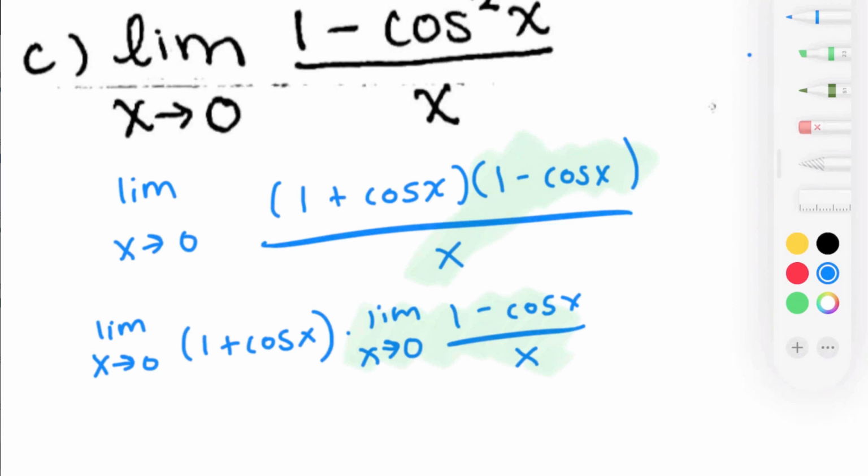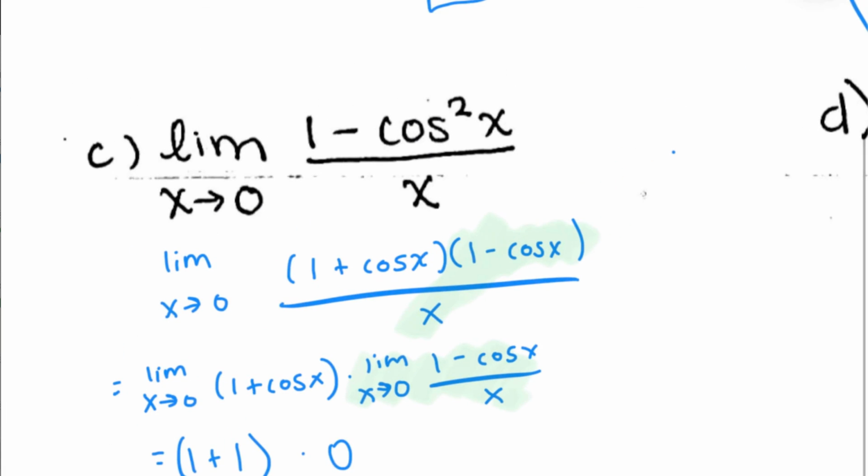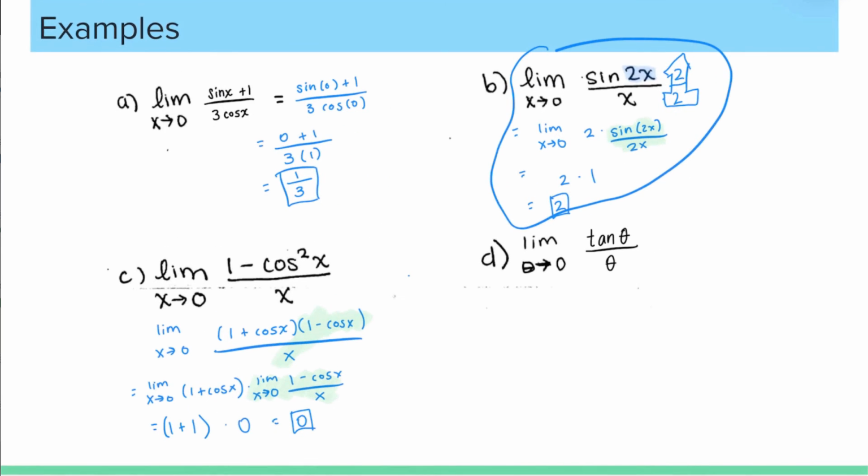So this equals 1 plus cosine of 0 is 1. 1 plus 1 times that special trig limit, which is 0. Oh, so it all goes to 0 anyway. So this is 0. So that's just a little bit more challenging. I don't think too challenging though. You just kind of have to manipulate it in order to find the special trig limit.